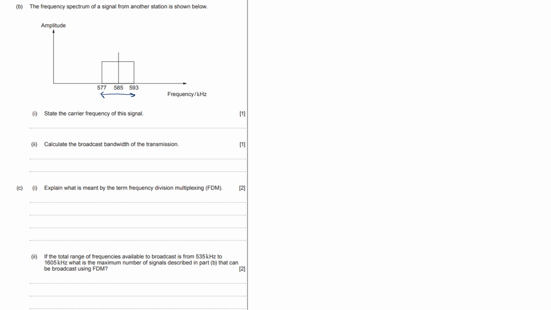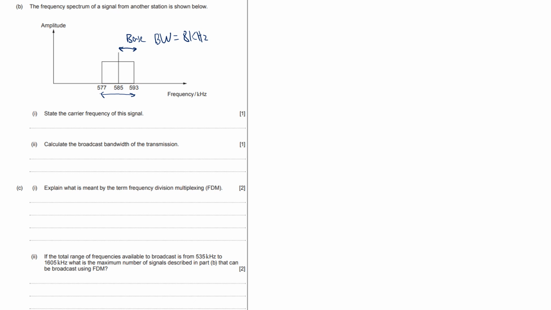So broadcast bandwidth would be 16K. You do get base bandwidth, just so you know. If it says base bandwidth ever, it's just from there to there, so it'll be 8K. Base bandwidth would equal 8 kilohertz, because it's from the base position, which makes obvious sense, doesn't it? Broadcast is the whole thing.